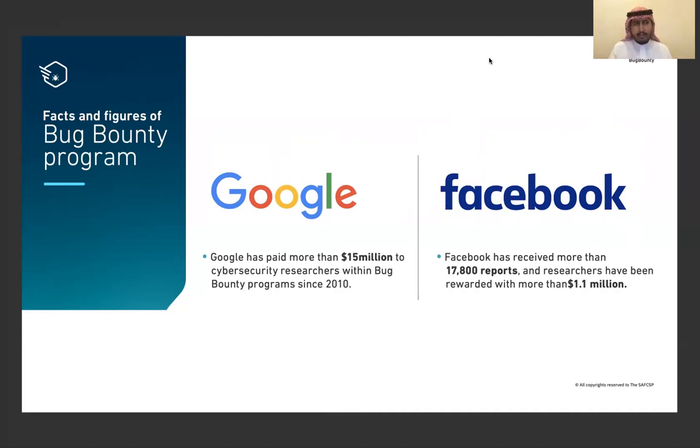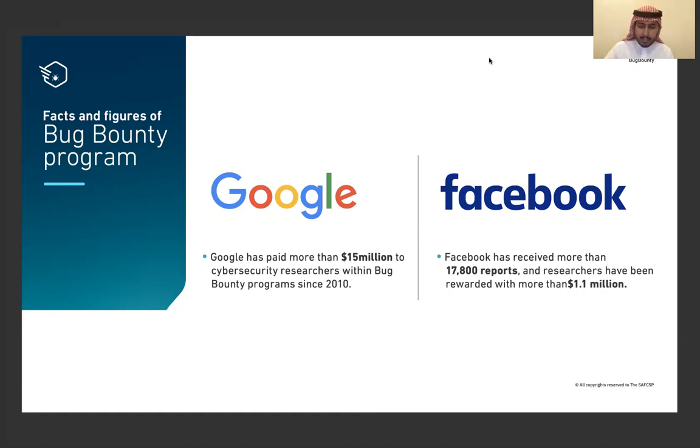Facebook, for example, I believe in 2016 or 17, started their bug bounty program, and in one year they received more than 17,000 reports. They awarded the researchers more than $1 million in that year. So these are big companies who have products which are used by almost everyone on the internet.